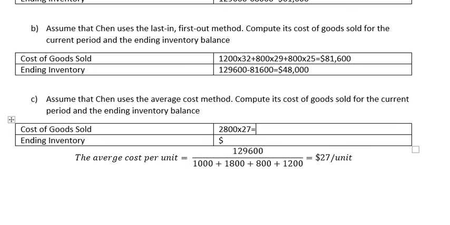So we have 75,600, and the ending inventory is 54,000. And that is the final answer.